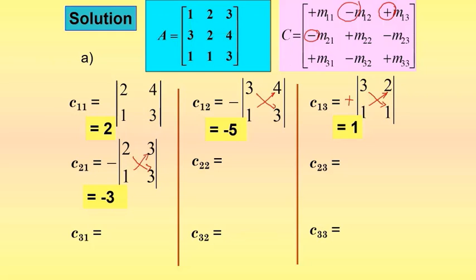So we have negative 3. 6 minus 3. So we have negative 3. Okay, then for C22, by deleting second row and second column, the sign that we have is positive here. So if you want to put negative, positive also can, no problem.